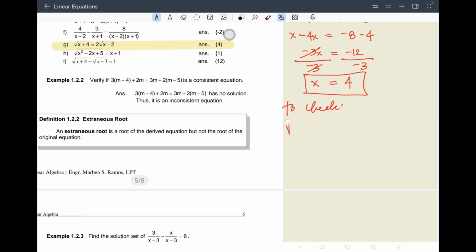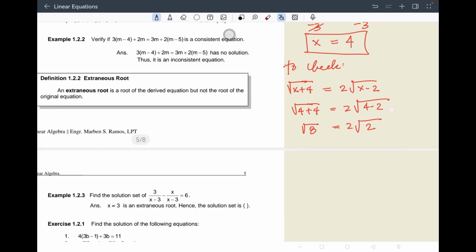We have the square root of x plus 4 equals 2 times the square root of x minus 2. We'll have the square root of 4 plus 4 equals 2 times the square root of 4 minus 2. This will be square root of 8 equals 2 times the square root of 2.